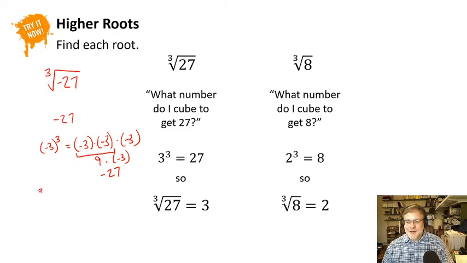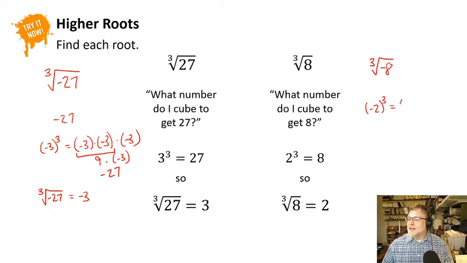So in this case, the cube root of negative 27 is equal to negative 3. And in the same way here, what's the cube root of negative 8? Well, you might be guessing that it's negative 2. Let's check that out. Negative 2 to the third power, that's negative 2 times negative 2 times negative 2.